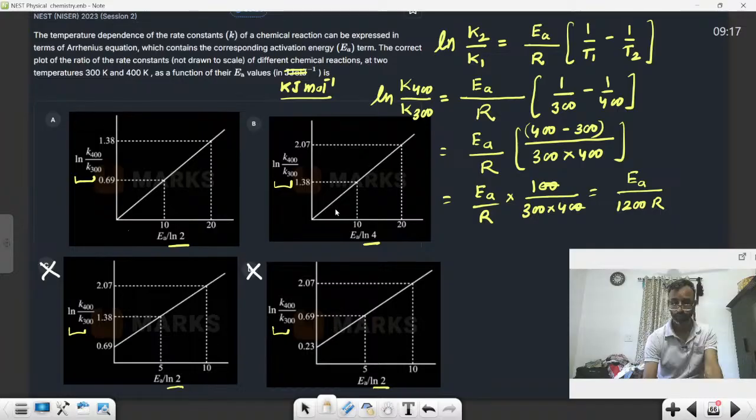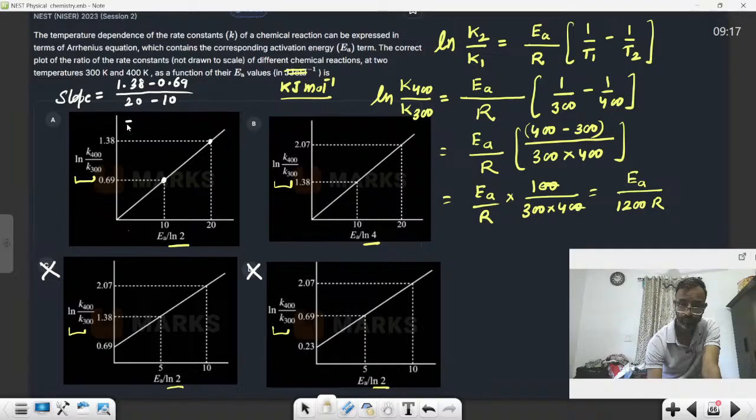Now what is slope here in this case? Slope is equal to 1.38 minus 0.69 divided by 20 minus 10. So it is 0.69 by 10, 0.069.